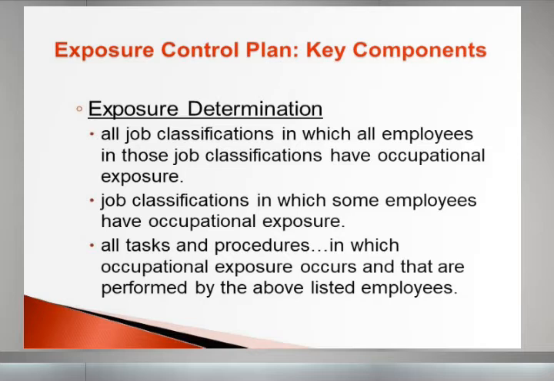The next thing, part of the exposure determination, is job classifications in which some employees have occupational exposure. So the first part of the exposure determination is all the job classifications of employees who have occupational exposure. The second part is job classifications in which some employees will have occupational exposure.